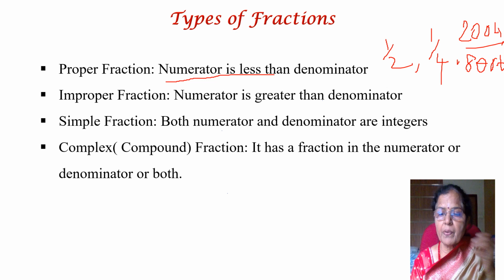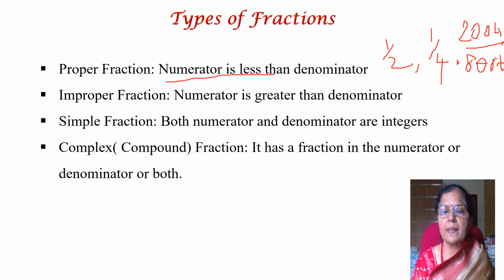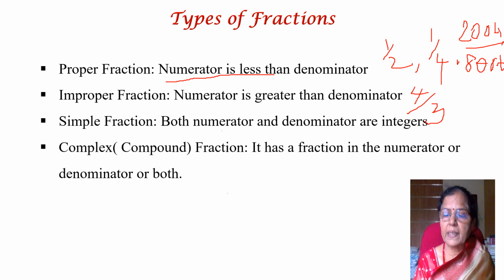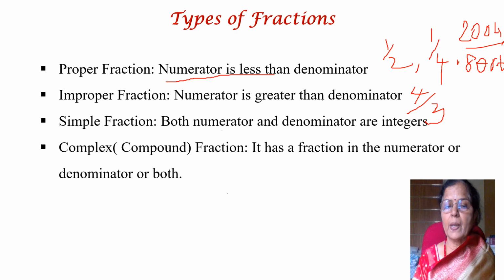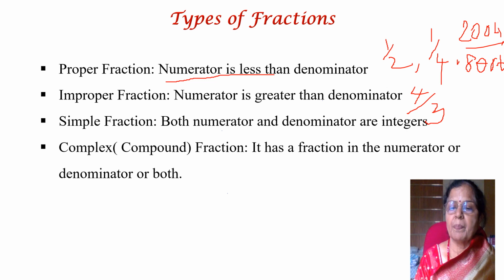And an improper fraction is just the reverse, where the numerator is greater than the denominator, like 4 by 3. This is of course illogical, 4 parts out of 3, but mathematically it is possible.